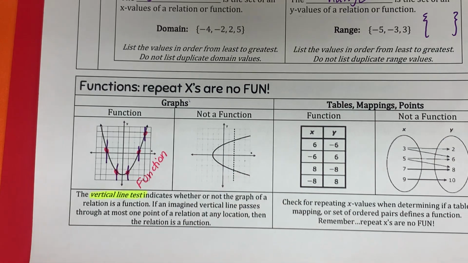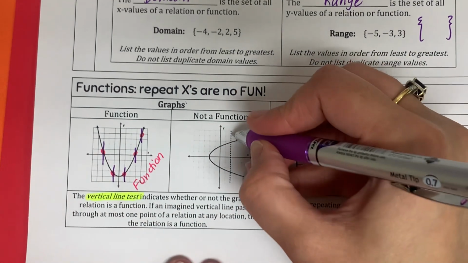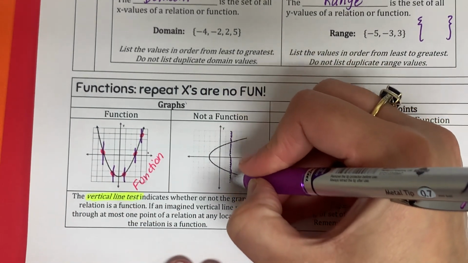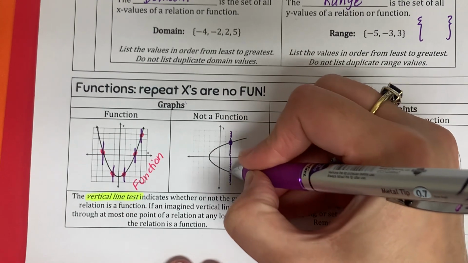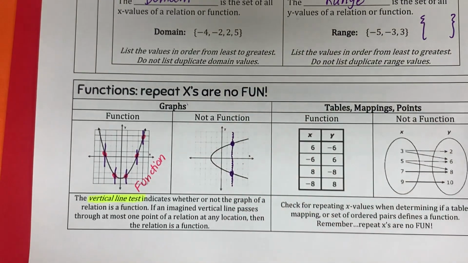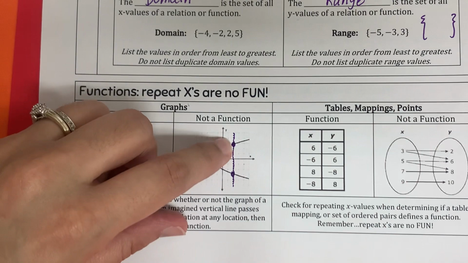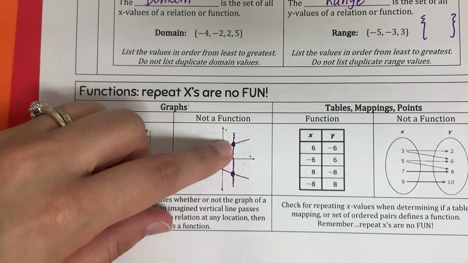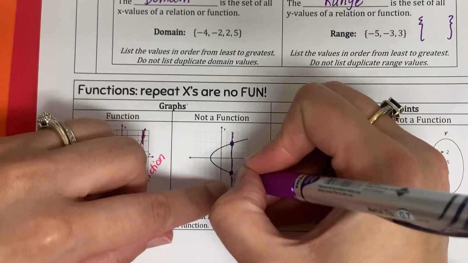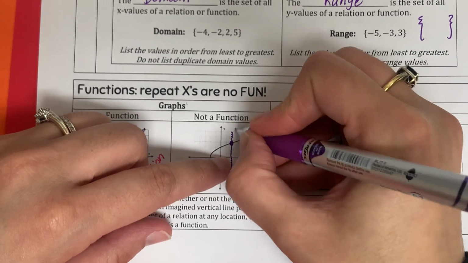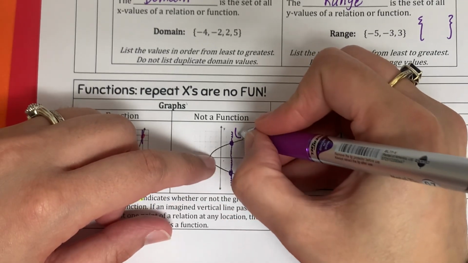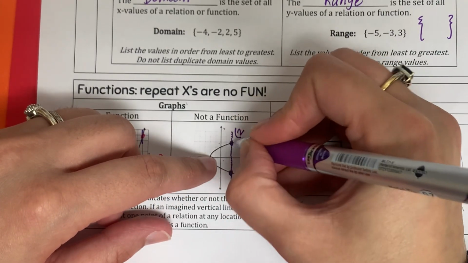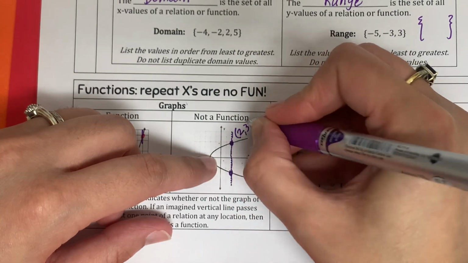For the other graph as well, you draw the vertical line. This is already drawn over here. At this point, I don't need more lines because I already found a place where it was twice. It's this and this point. So now what is the x value over here? It is 2, and y is 3.